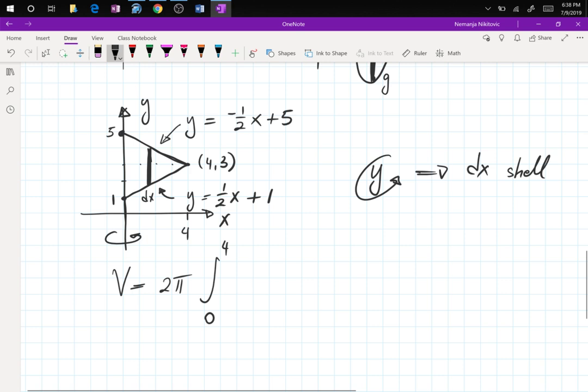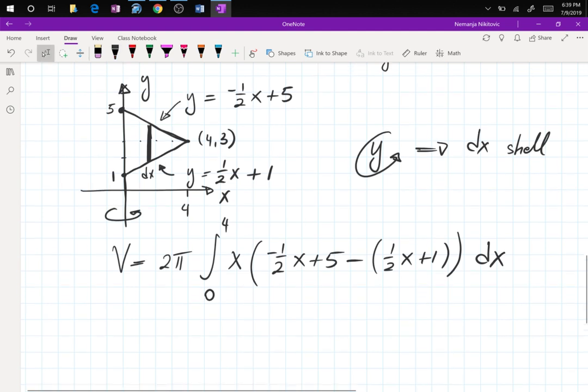The position is x, and the height is the top minus the bottom. So negative 1/2 x plus 5 minus 1/2 x plus 1, and dx. Now I do have to calculate everything because I want to also force the disk method on this so we can see that this can do it, but it's painful.